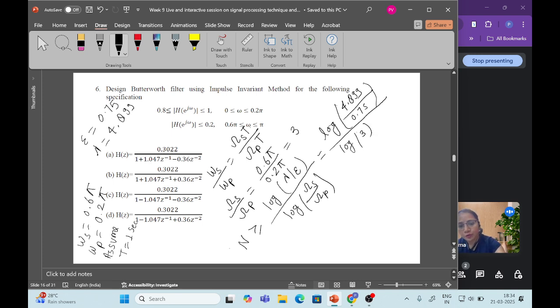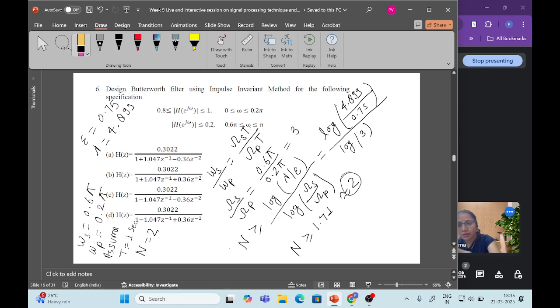If you calculate it, you will get n as 1.71, which rounds to 2. So the order of the filter we have calculated is 2. Based on whatever values are given, we can calculate it with these formulas. Now that we have the order of the filter, what will be the transfer function of that Butterworth filter based on these parameters?